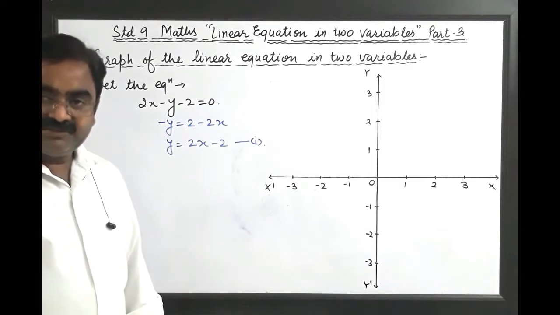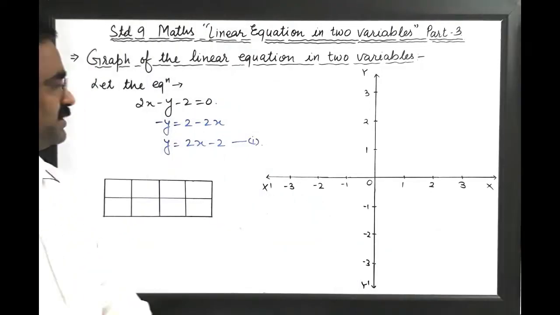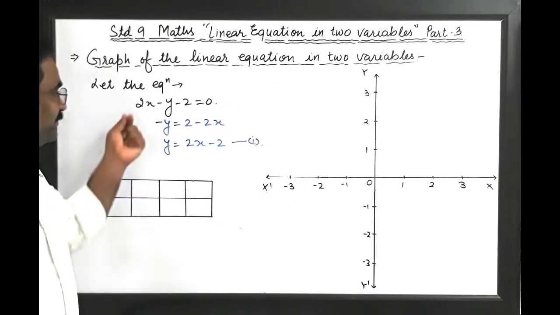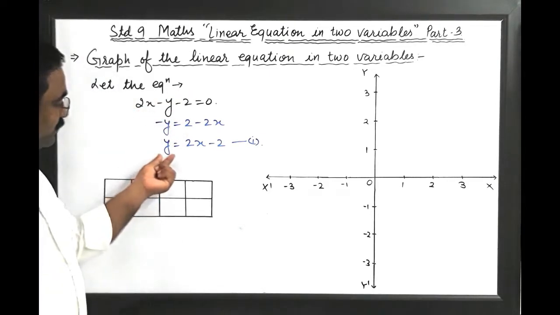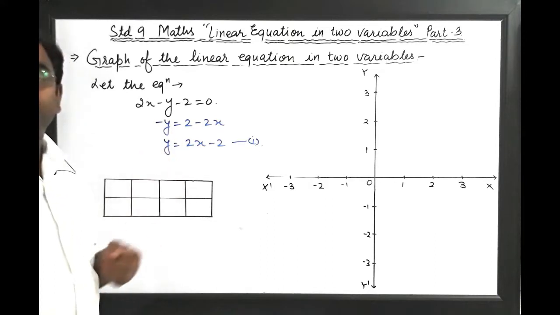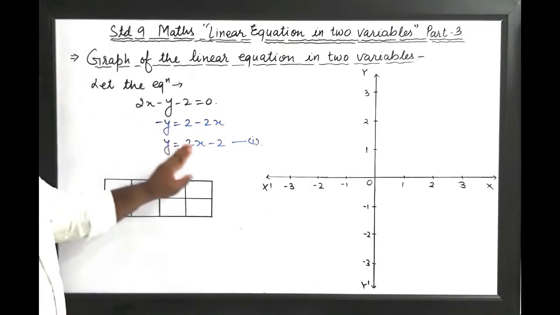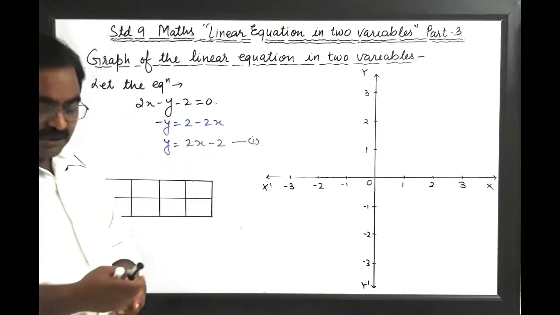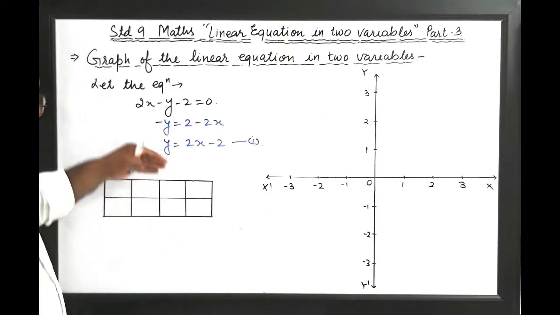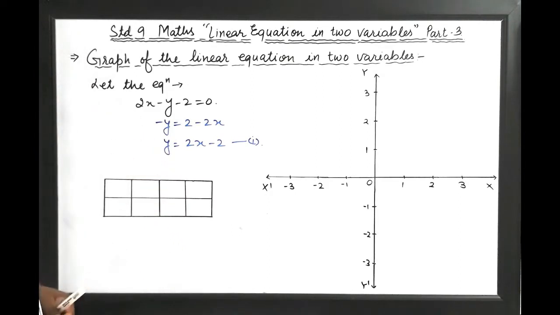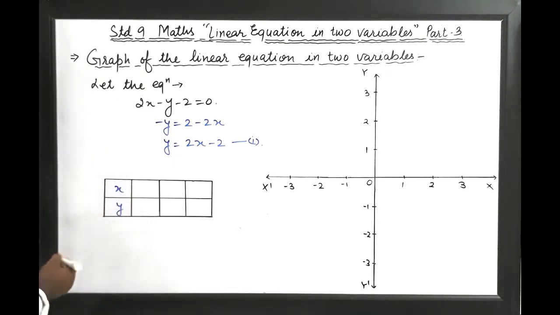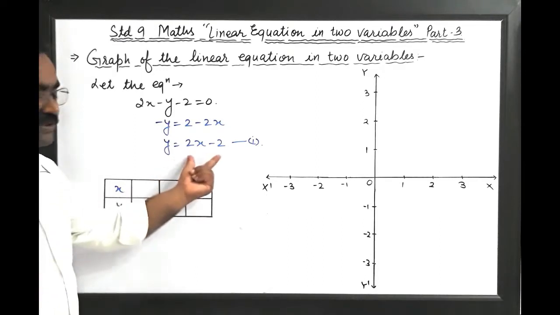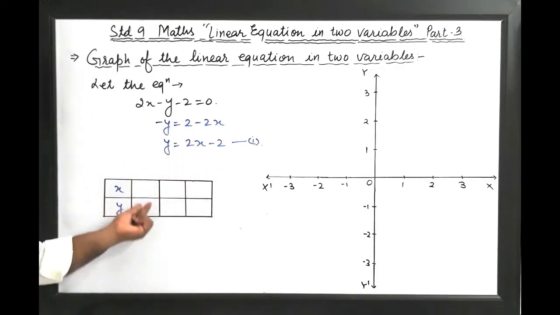Right, students? Okay. As we have solved this equation, 2x minus y minus 2 equals to 0, what we got, y is equals to 2x minus 2, means the value of y in terms of x. So to find the different solutions of this equation, we have to substitute different values of x in this equation, so we will get the different values of y.